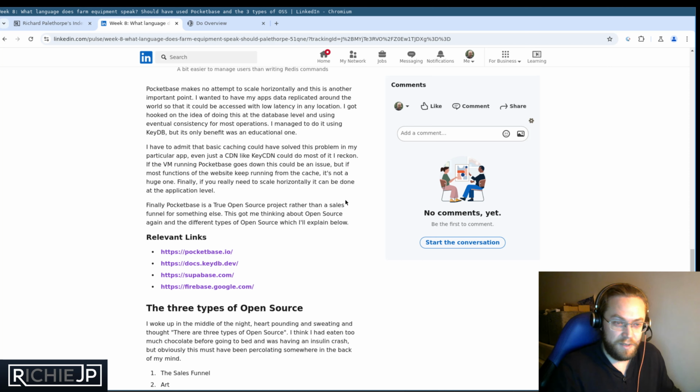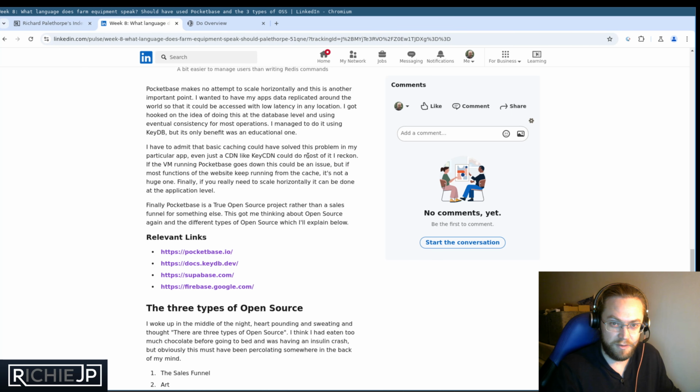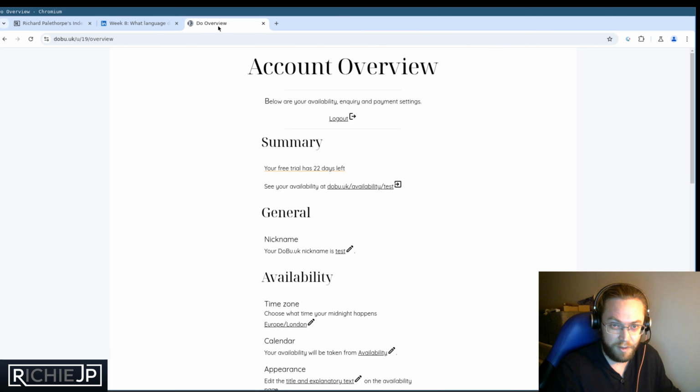Okay, so it doesn't scale horizontally. And the other thing is, if the main server of the database goes down, it might be annoying if a user is right at that point trying to update something, but actually most of the website can continue to function even if the database is down.